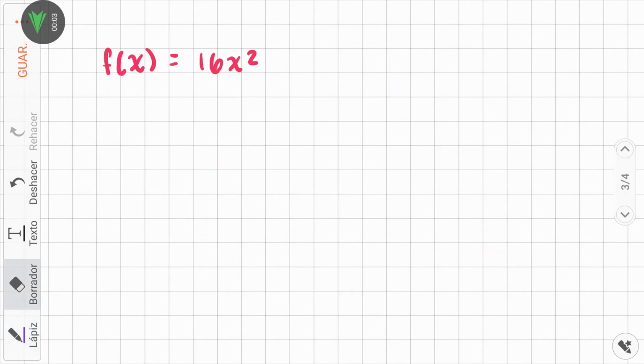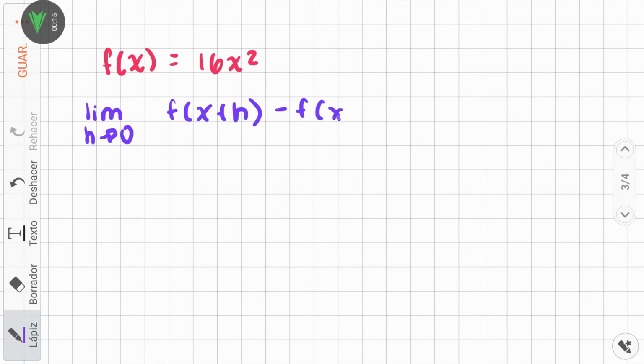Now let's practice with an example. So now let's write the formula or the limit that we just created, which was a limit of f of x plus h minus f of x over h as h approaches 0.